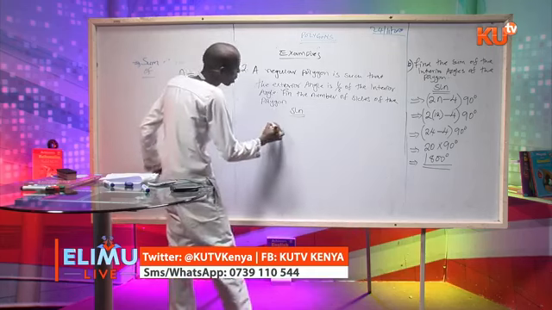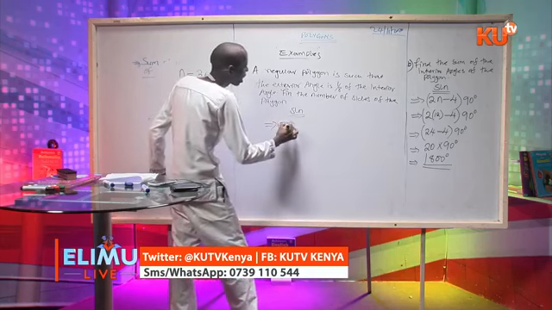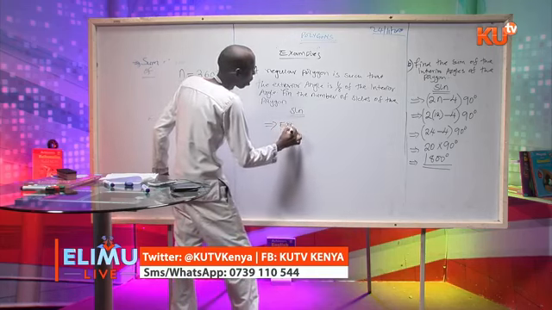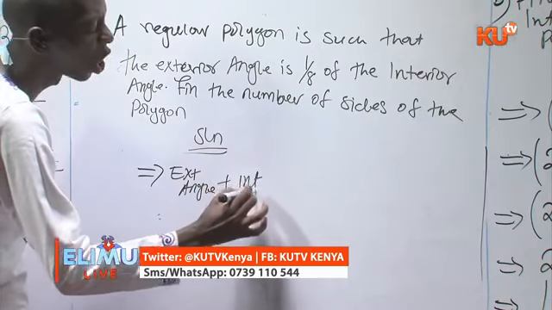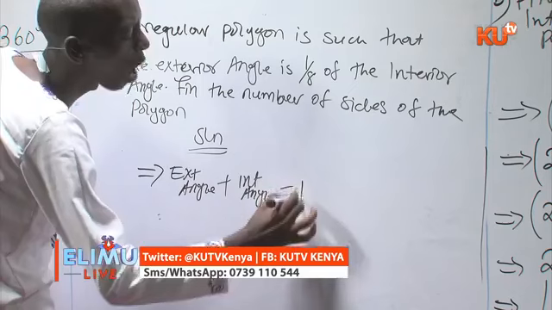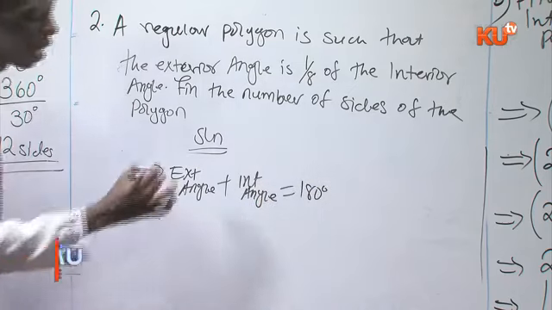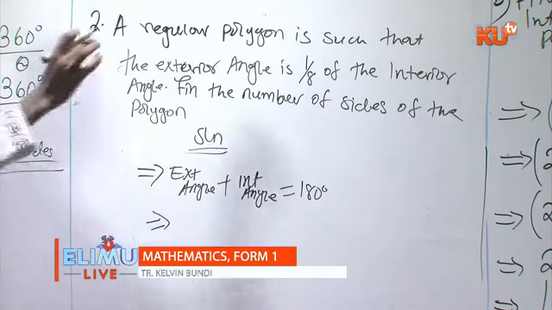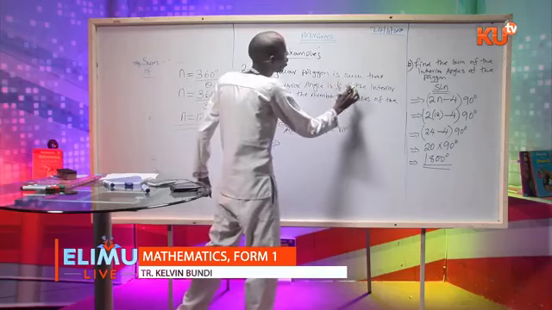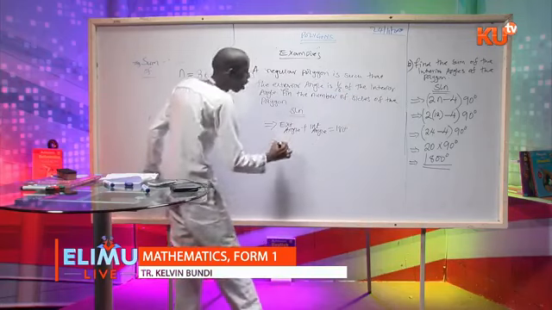And in our formulas, we said the exterior angle plus the interior angle is equal to 180 degrees. And we are told that the exterior angle is 1/8 of the interior angle.